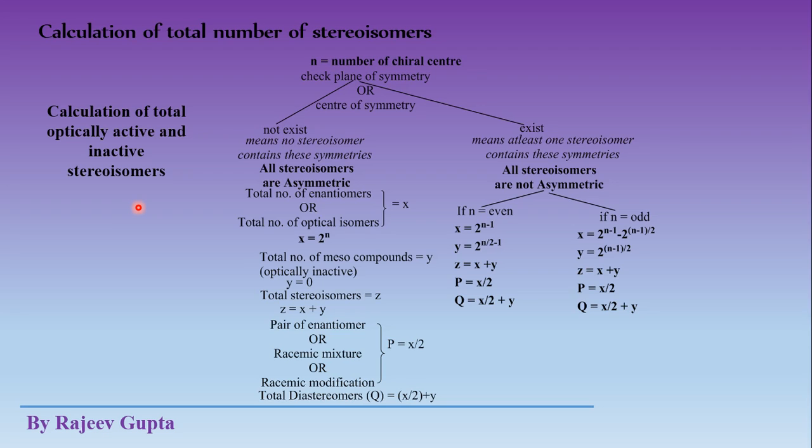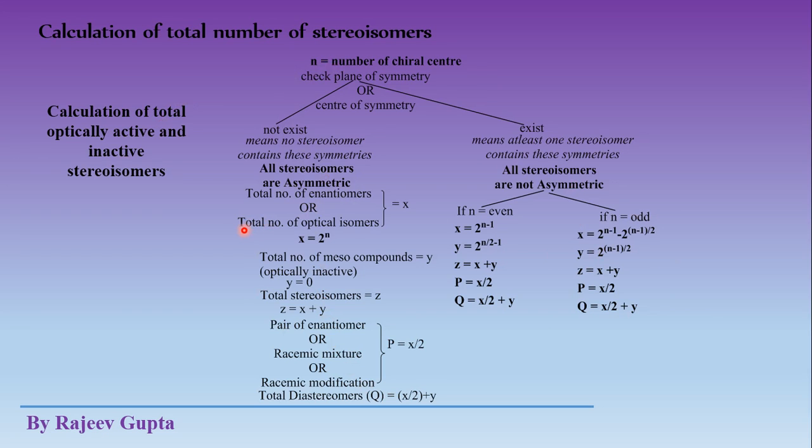Here we are not considering geometrical isomers, meaning double bond containing isomers or cis-trans isomers. We are considering only optically active and inactive isomers, which are based on their number of chiral centers, and these chiral centers will be more than one.